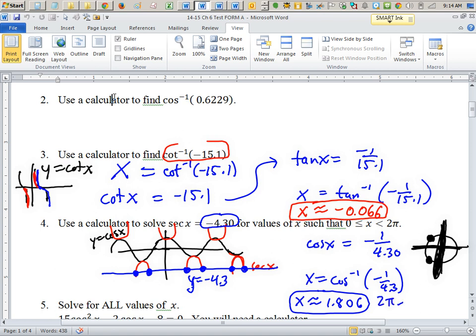So 2 pi minus the answer is 4.478. Okay? So you have to know when there are 2 answers and when there is 1 answer, and it's because of this graphical feature.